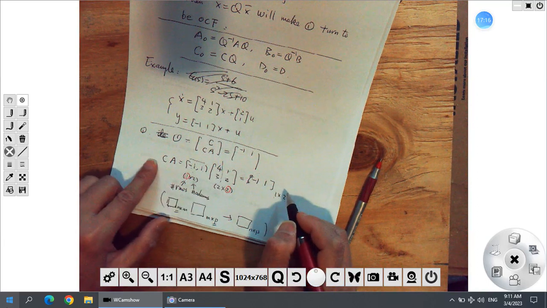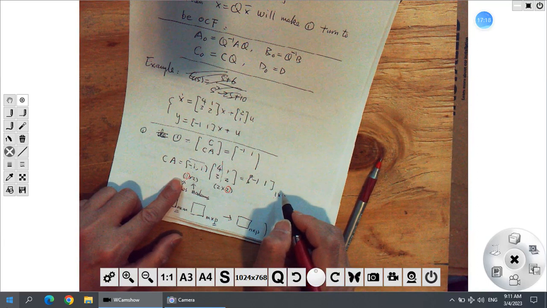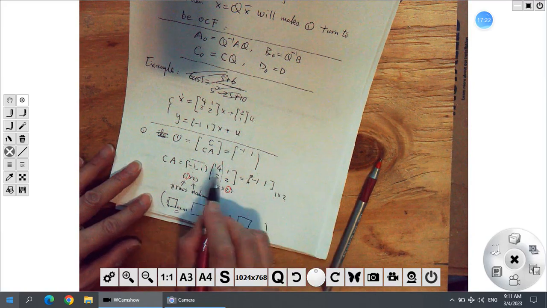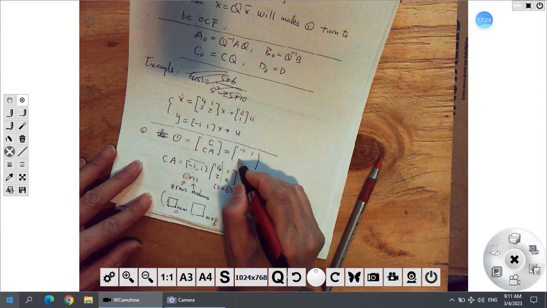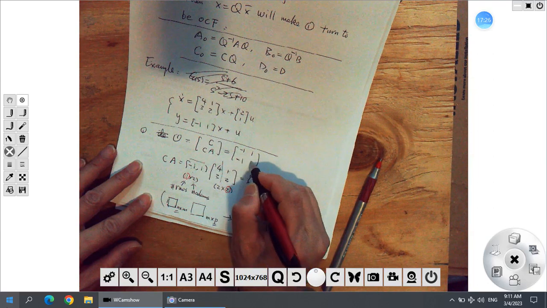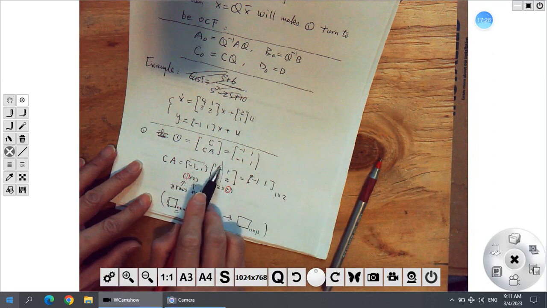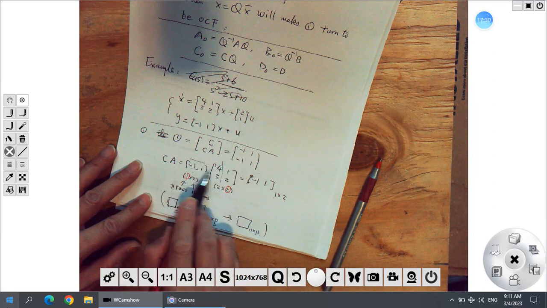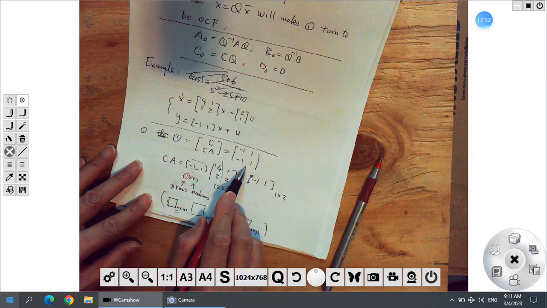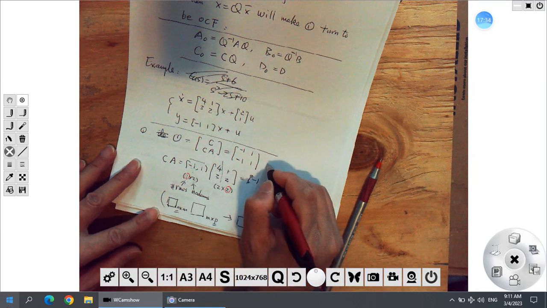So say A. Unfortunately, this is equal to 0. Now I get -1 and 1. -1 and 3, I get -1. -1 and 2, I get 1. This determinant is 0.